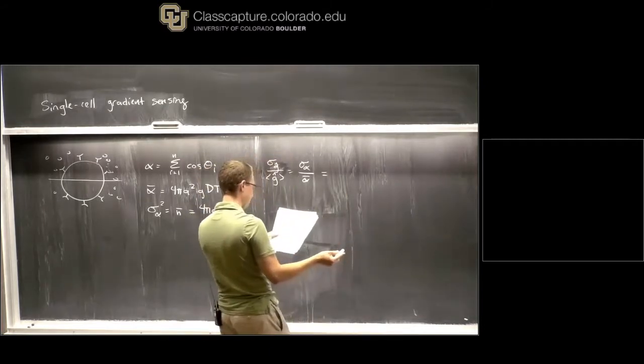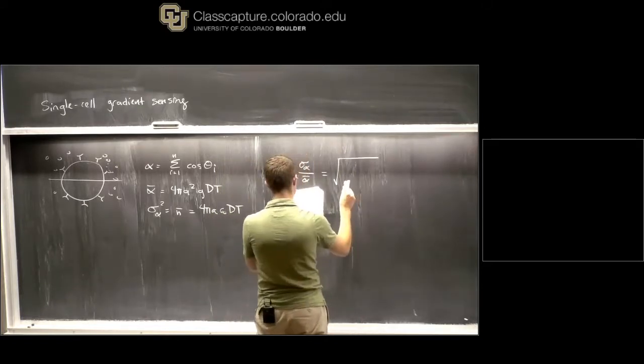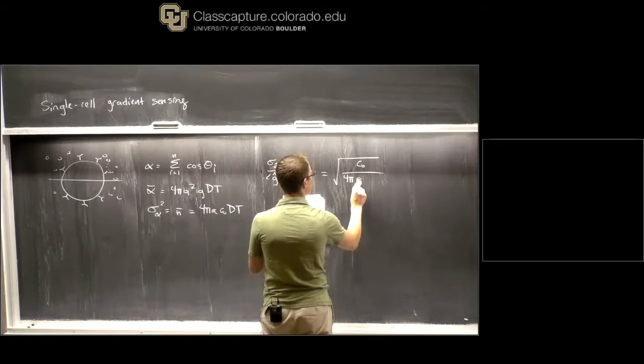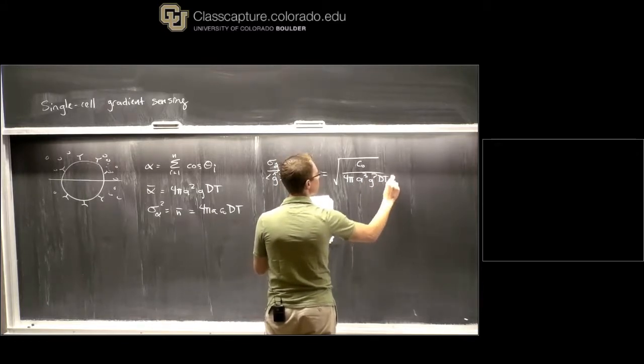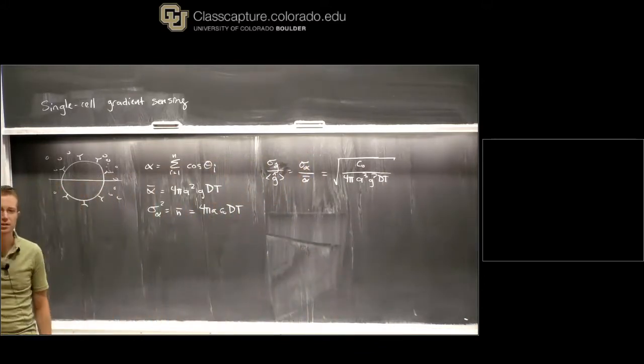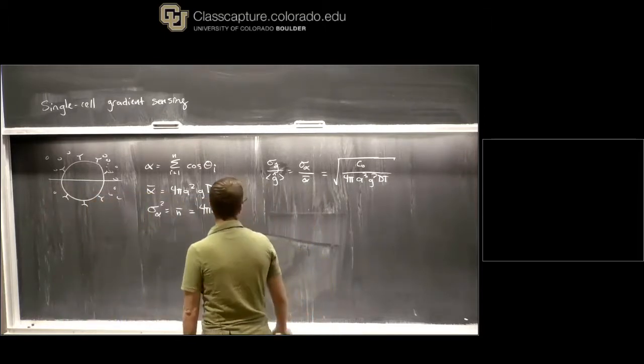And we find that this relative error comes out to the square root of c naught over 4 pi a cubed times g squared dt.